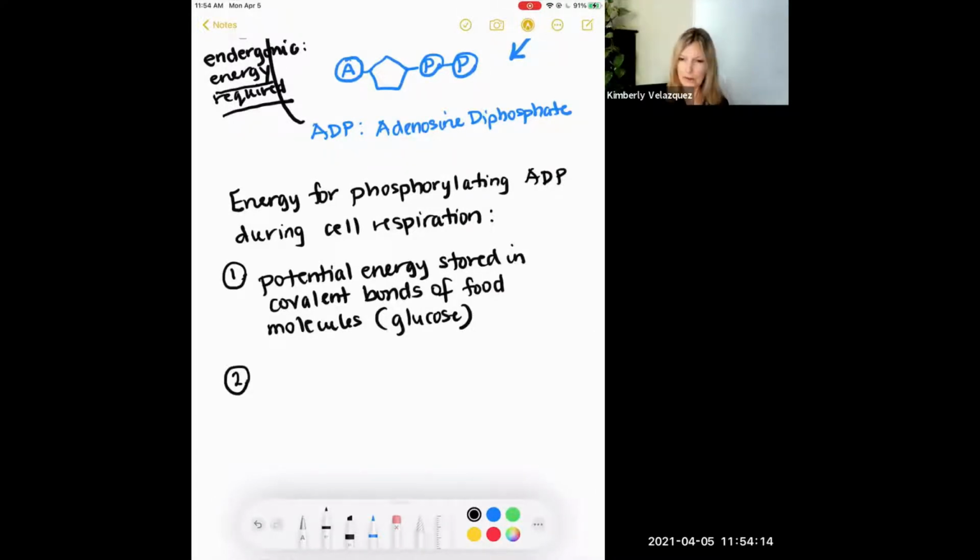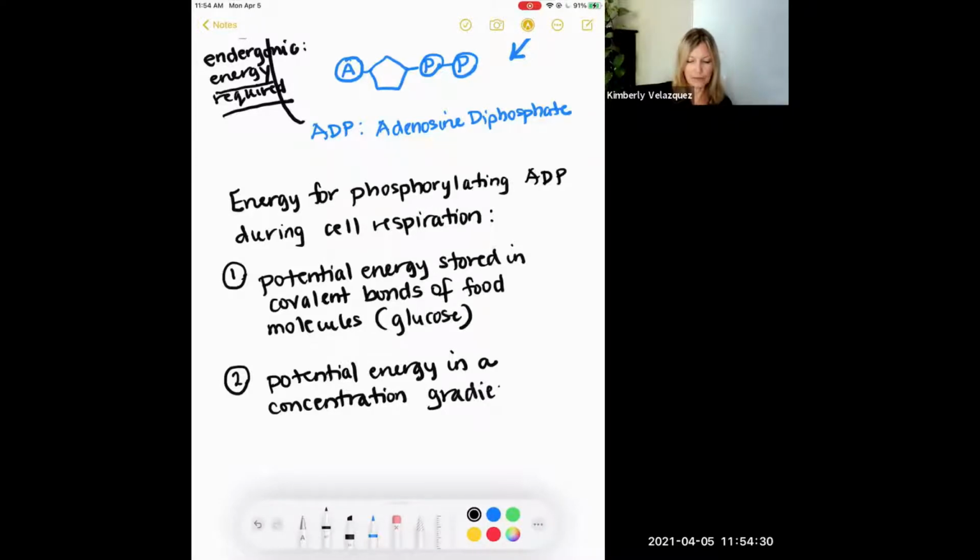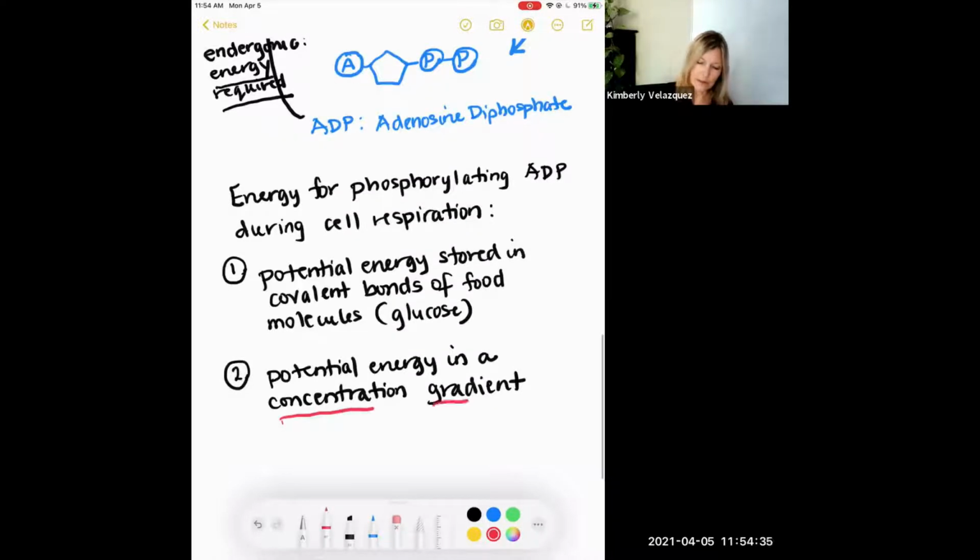And the second is going to be the potential energy in a very important concentration gradient that is going to be established during cellular respiration. Remember that concentration gradients and covalent bonds are both excellent sources of potential energy in the cell. And both of those are going to be sources of energy for adding that phosphate group onto ADP to produce ATP.